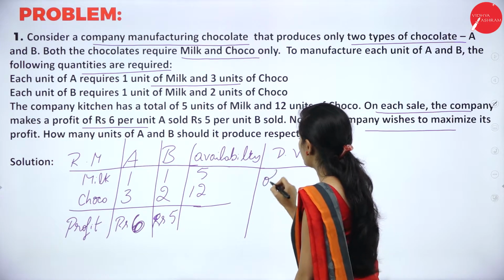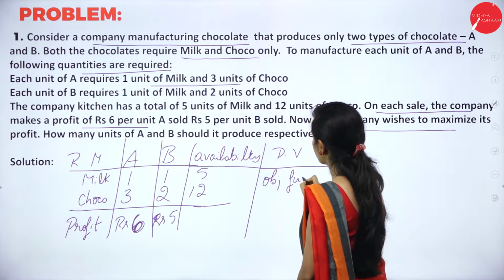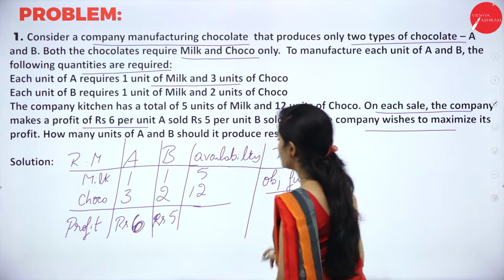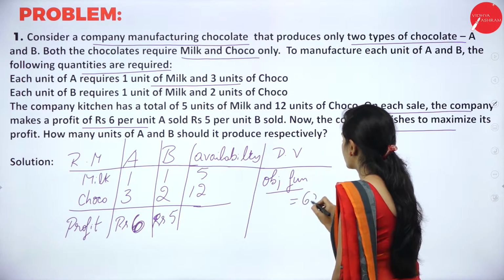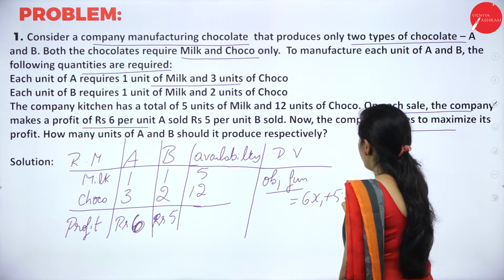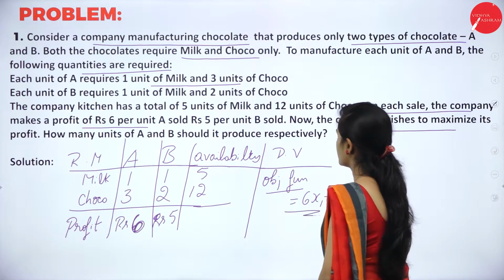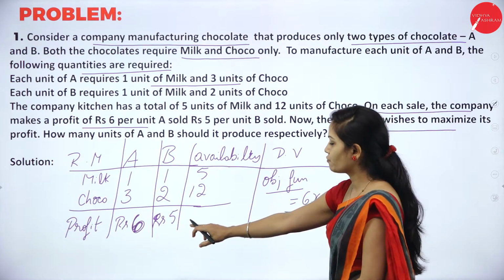Then what is the objective function? The profit of this product is 6x1 plus 5x2. So the objective function is equal to 6x1 plus 5x2.